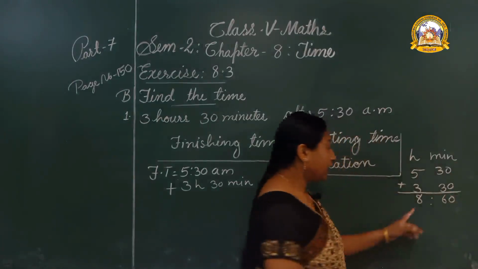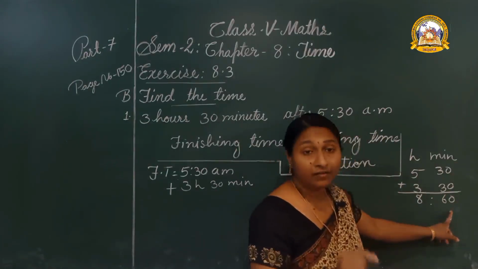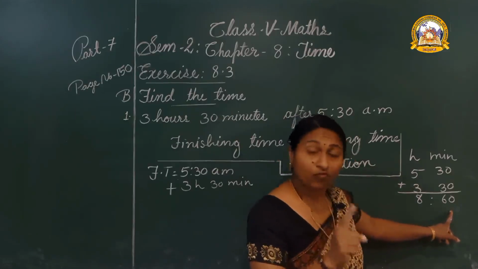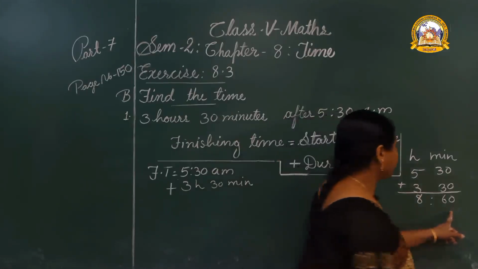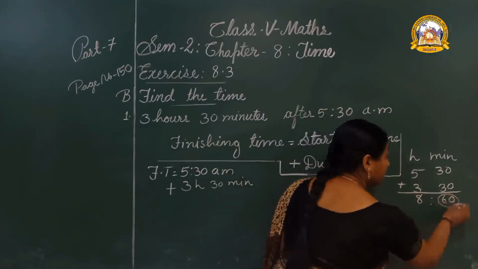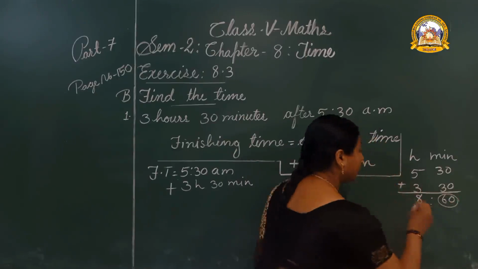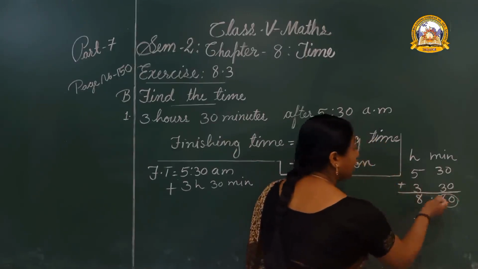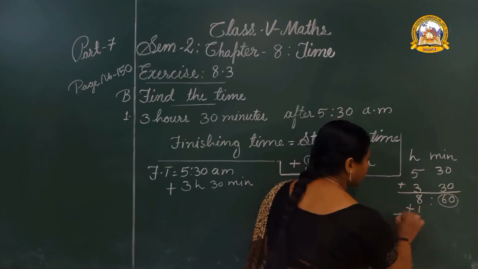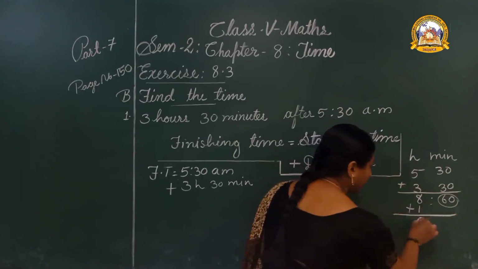Children, can we say 8:60? When the 60 minutes are completed, it will become 1 hour. So let us add the 1 hour with hours. 8 plus 1, 9.